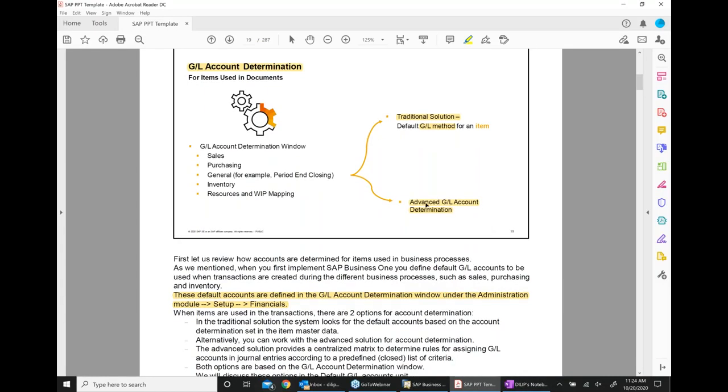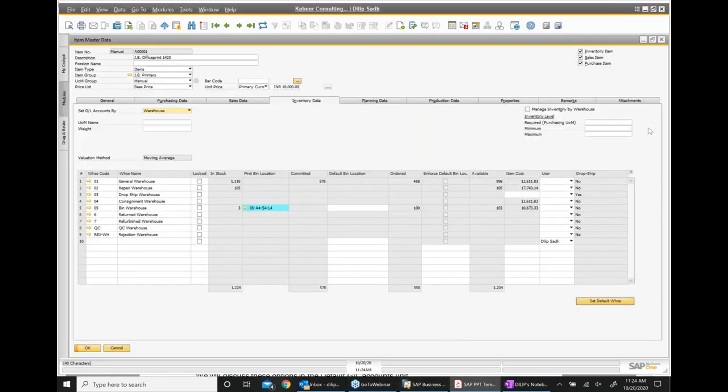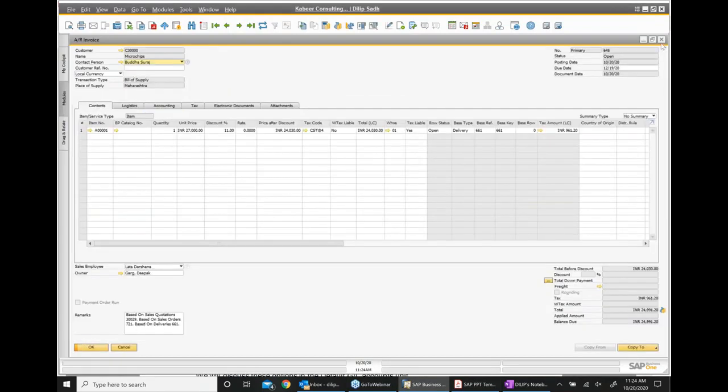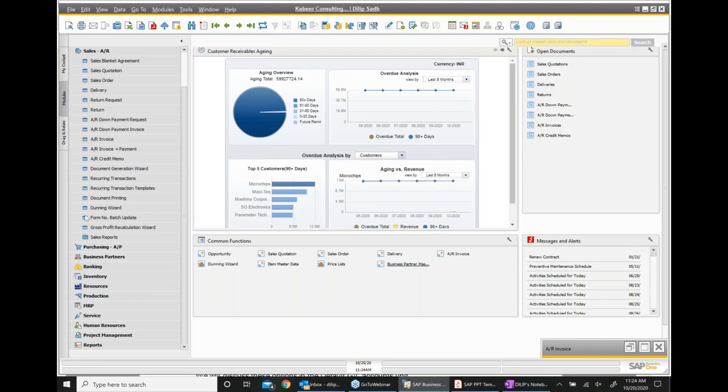Then there is also something called advanced GL account determination as well. This advanced account determination is part of setup financials. Now, where is that? We close this window. We close all this.